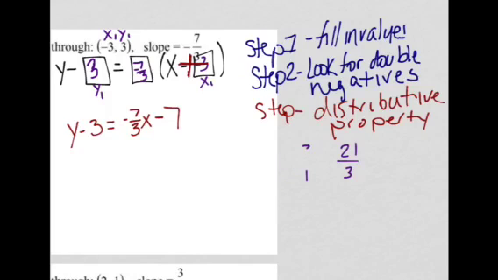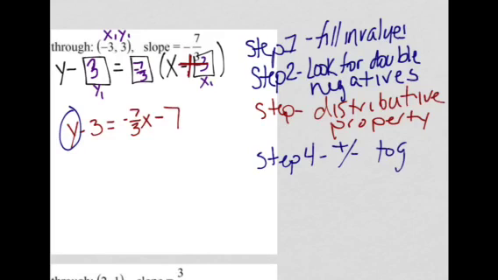Once that is complete, I come back over, I circle what I'm solving for, which is y, and I look to that negative 3. So step number 4, add or subtract to get y by itself. So since it's a minus 3, I'm going to add 3 to both sides.